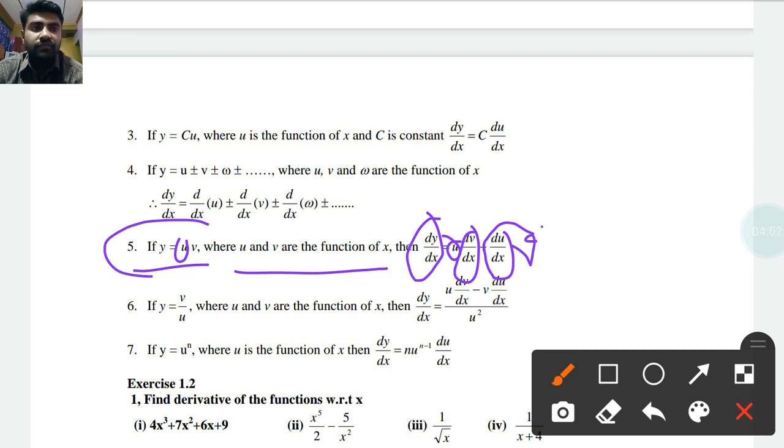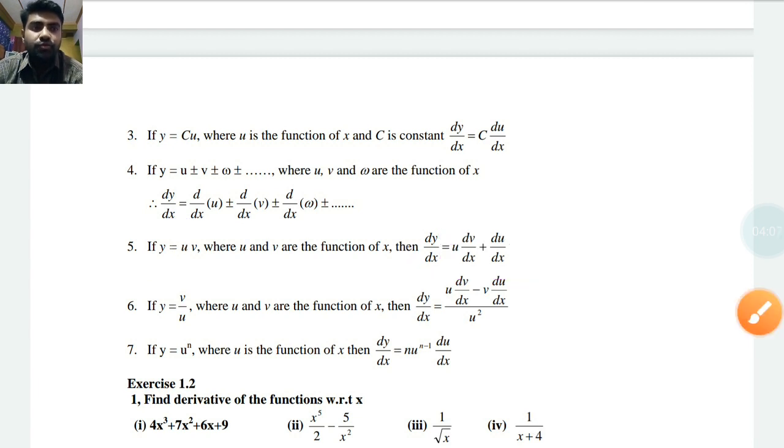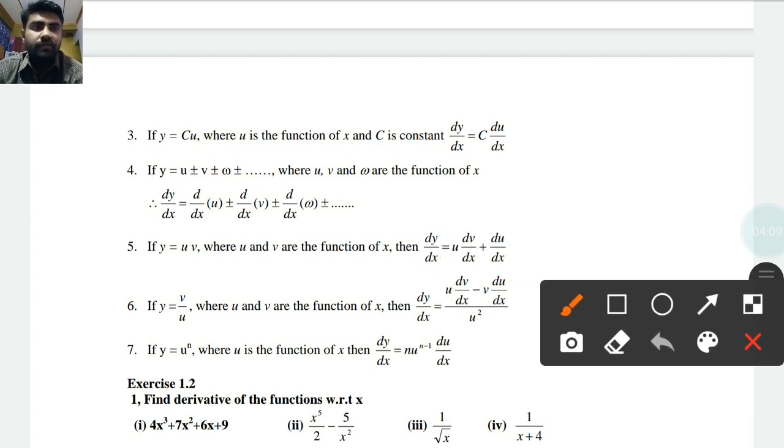Here v is not written, so it is a printing mistake. So the actual formula is u dv by dx plus du by dx into v. That is the actual formula, and it is called the multiplication rule.